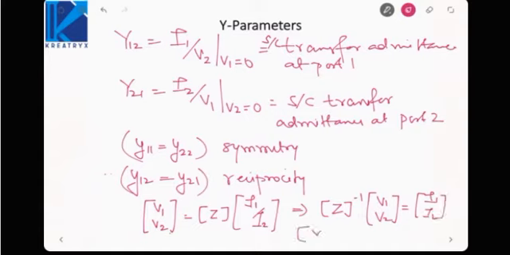That is, Y parameters are actually inverse of the Z parameters. Okay. So, to obtain the admittance parameter, you cannot directly take the reciprocal of the impedance parameters. Rather, you have to invert the matrix of the Z parameter. Do not think that y11 is equal to 1 upon z11. Rather, you have to take the inverse.